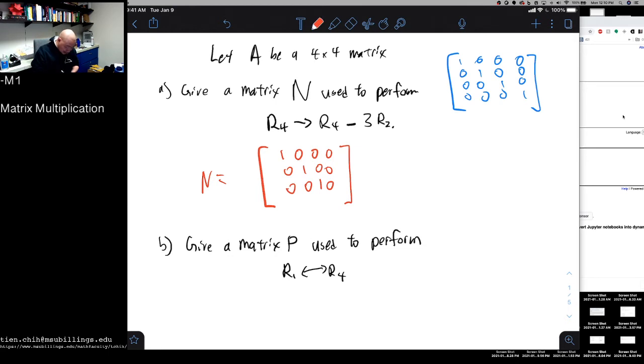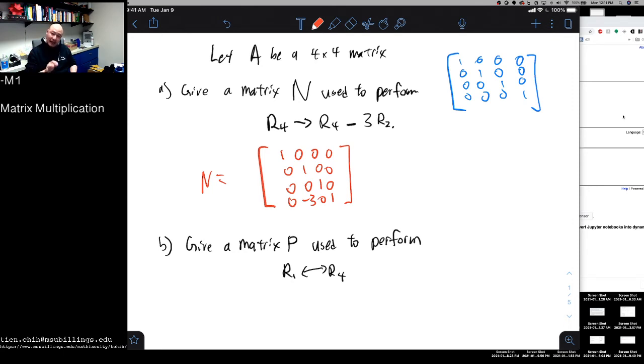And so I can encode that by one copy of R4 and minus 3 copies of R2. And I recommend taking some time to take this matrix N and multiply it against a bunch of different A's to see that in fact it has this effect, or to refer back to the activities where we work through this.